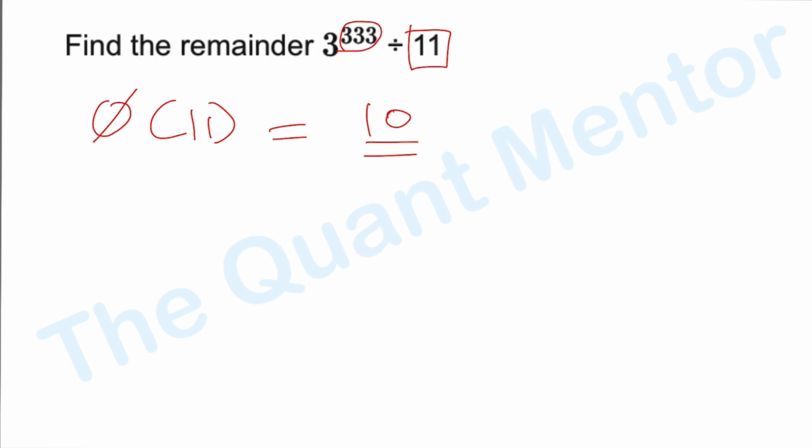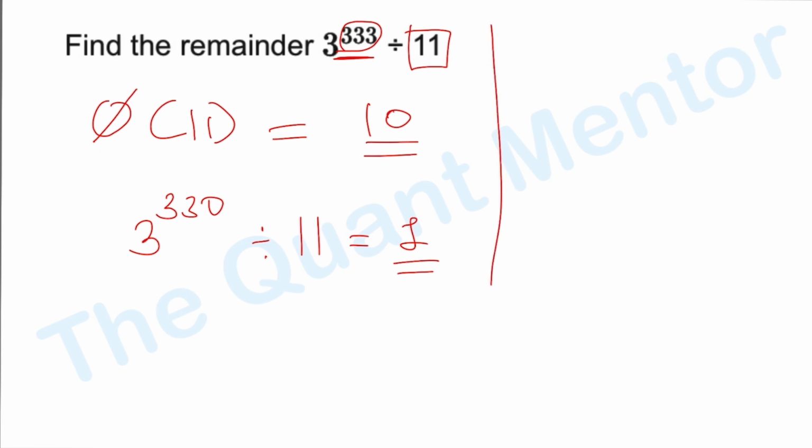All multiples of 10 in this power will give you remainder 1 when divided by 11. So technically, the nearest multiple of 10 before 333 is 330. So 3 raised to 330 on dividing by 11 will give you a remainder 1 only. So you don't even need to look any further. You directly change your question to 3 raised to 3 divided by 11, because up to 3 raised to 330 the remainder was 1 only.